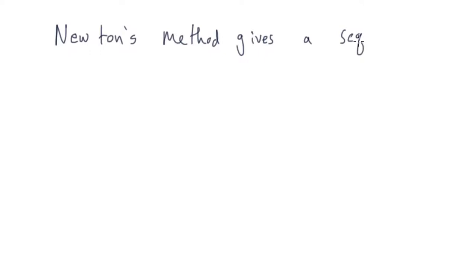Okay, so repeated application of Newton's method is going to give me a sequence of points or of numbers. So Newton's method gives a sequence of points. Okay, and so if this word sequence is new to you, it really doesn't mean anything.